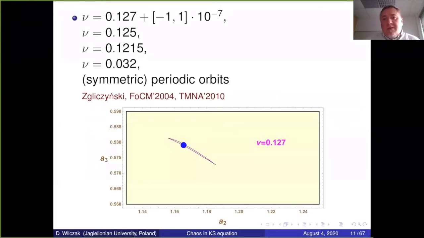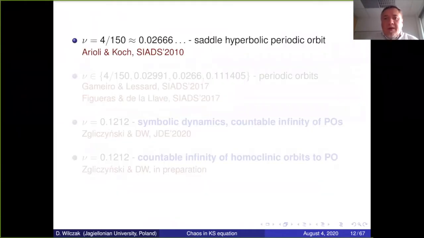And then there were some proofs of the existence of periodic orbits, some of them symmetric, some of them not, also by Wilczak. And I would like to mention a paper by Arioli and Koch from SIADS 2010.